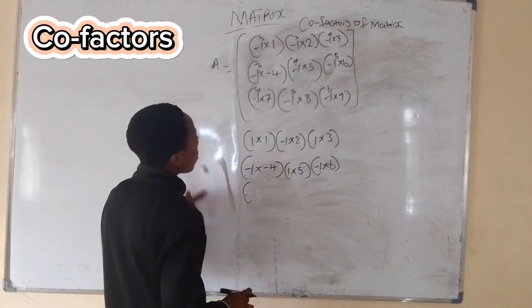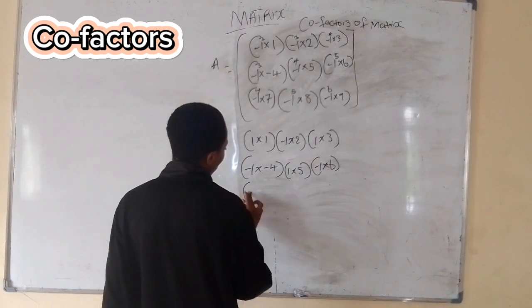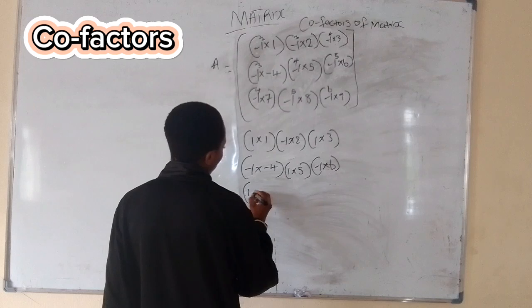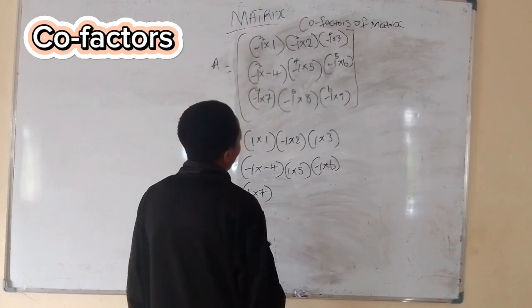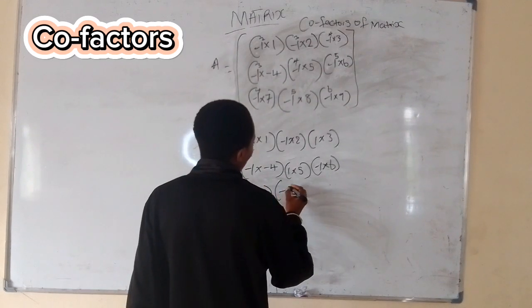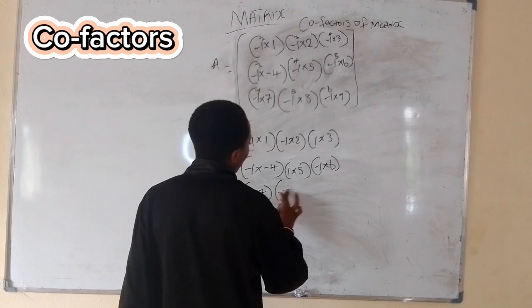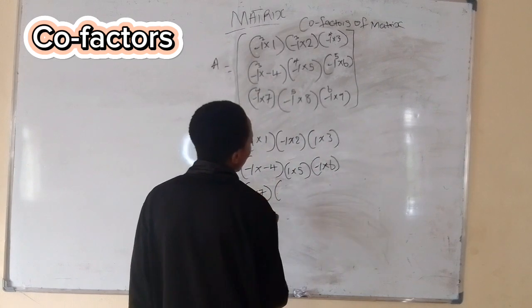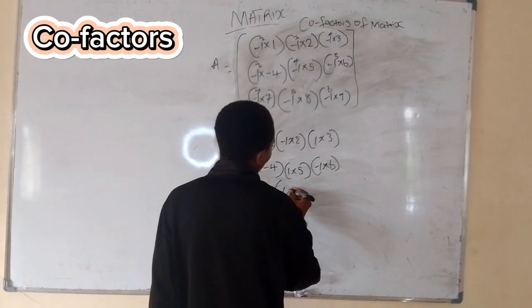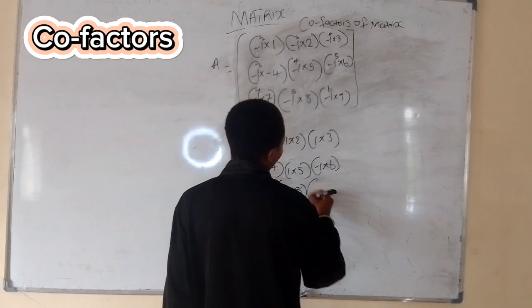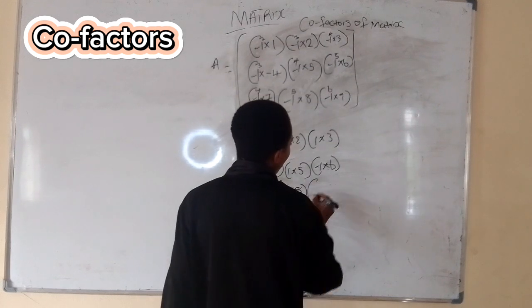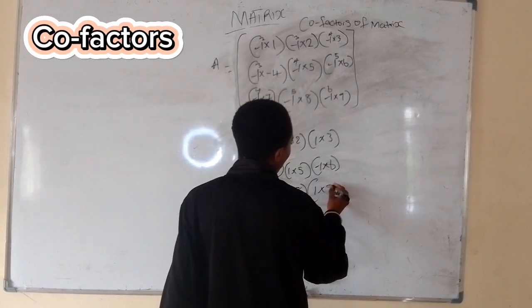Minus 1 to the power of 4 is plus 1 times 7. Minus 1 to the power of 5 is still minus 1 times 8. Minus 1 to the power of 6 is plus 1 times 9.